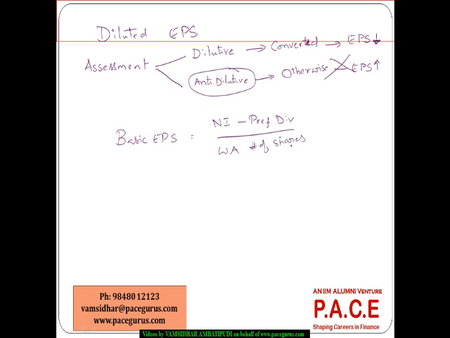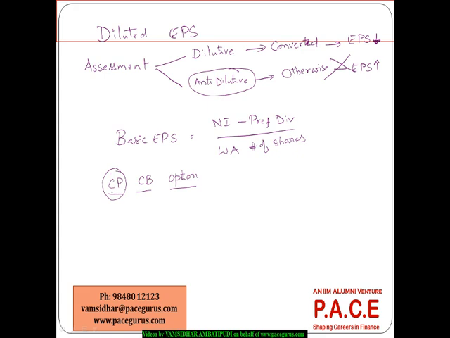Now, if there is a convertible preference stock, a convertible bond, or a stock option, I have to check whether each one is dilutive or anti-dilutive. If they are dilutive, I have to make an adjustment to this formula.